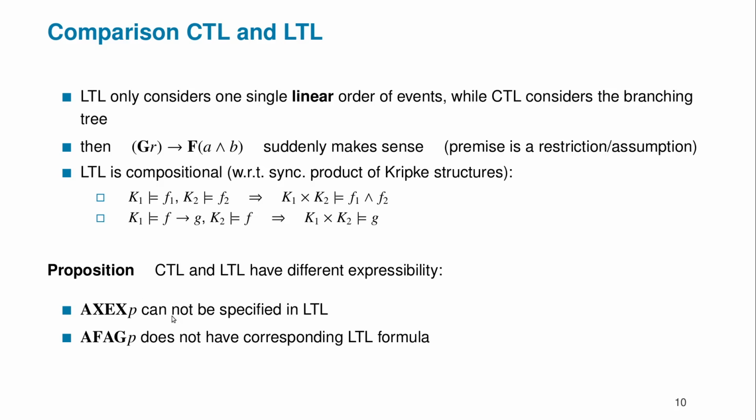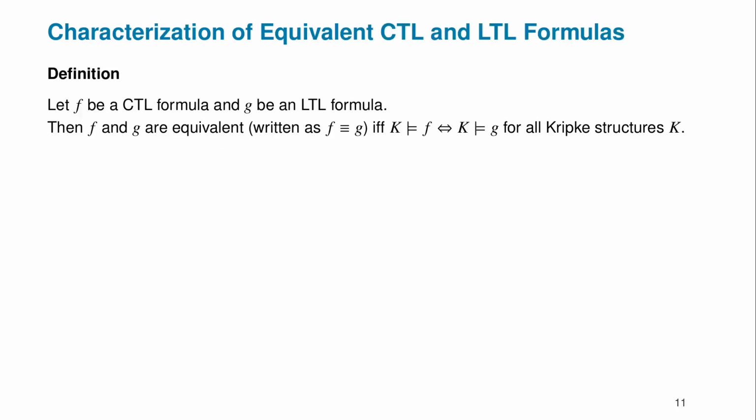But before we do this, let's make more concise what it means that the CTL and LTL formula are equivalent or correspond to each other, and then we will introduce some syntactic criteria that allow us to translate one of the formulas into the other. So we get a very clear algorithm that helps us to decide whether a CTL formula has an equivalent LTL formula or vice versa. We say that a CTL formula F and an LTL formula G are equivalent if and only if they hold for the same Kripke structures.